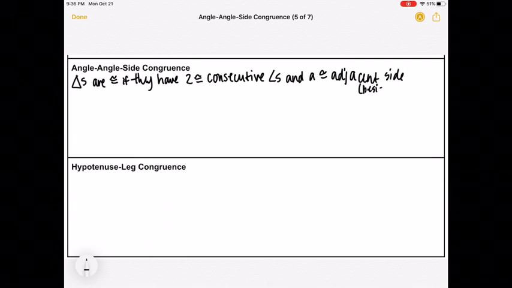Remember, adjacent means beside. Okay, so for here, I'm going to draw ABC.